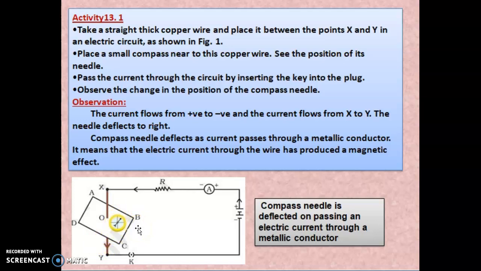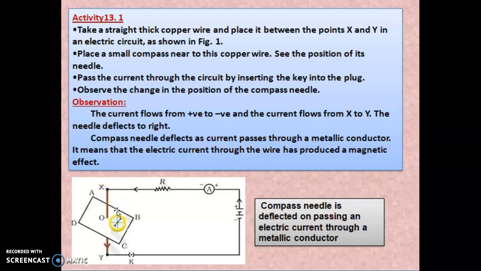So when the current flows from positive to negative, from X to Y, what happens? The magnetic compass needle shows a deflection to the right side. The compass needle deflects as the current passes through the metallic conductor, which means that the electric current through the wire has produced a magnetic effect.